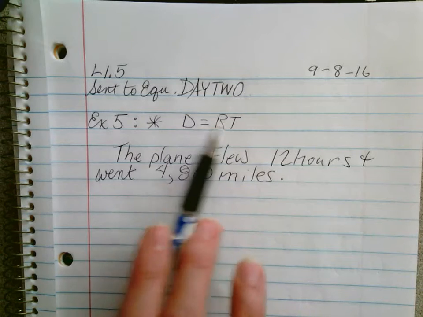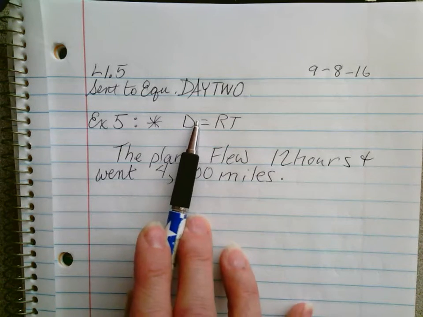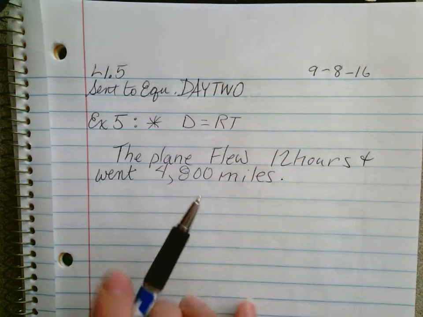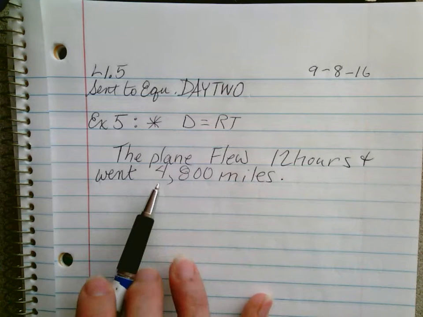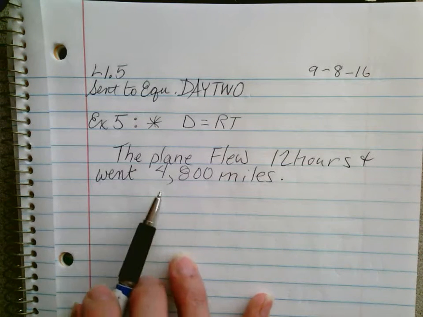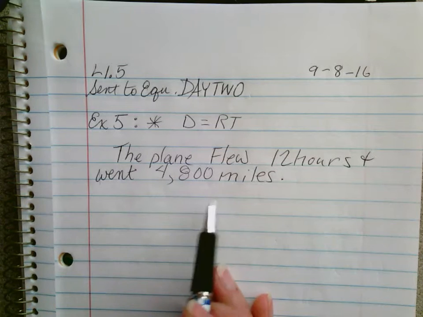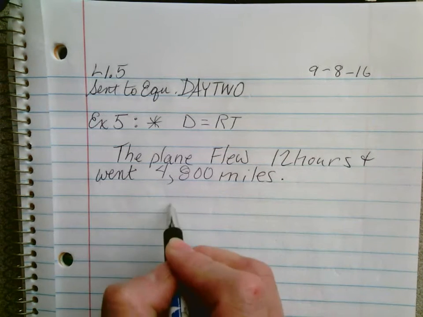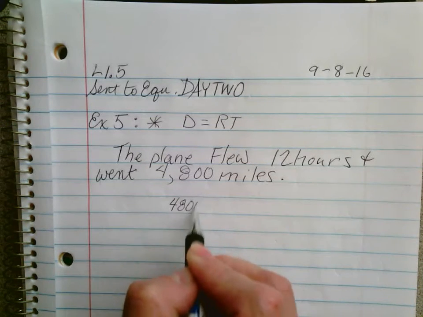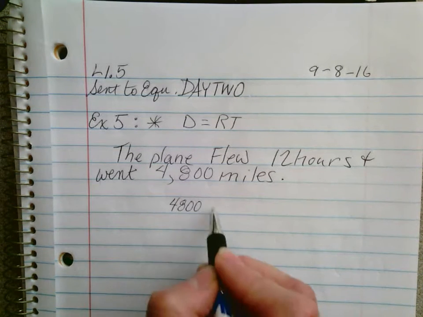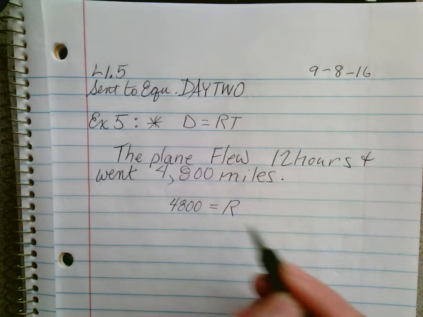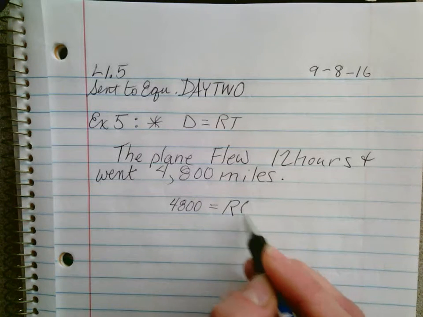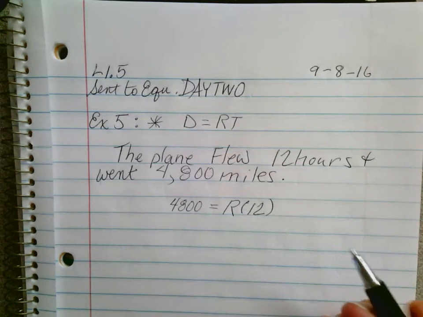But if you have 2 of the items, you can solve for the one you don't know. Within this mess, which 2 items do we have? What do we have? Distance, I hear distance, and what else? Time. So if I have distance, I plug it in where distance goes. And I don't have rate, but I do have time.